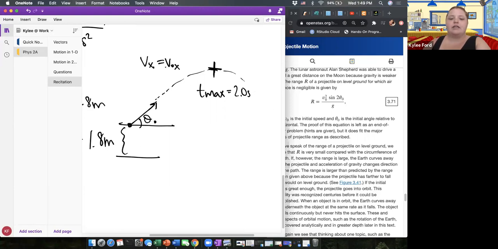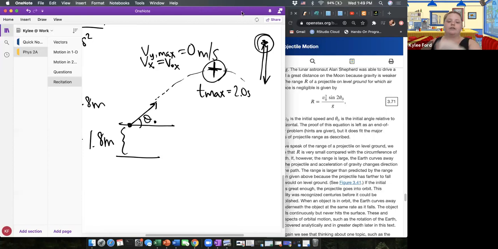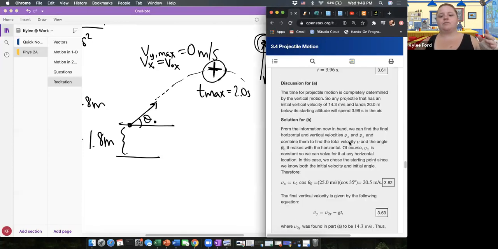We also know that my velocity in the y direction at maximum is 0. That's given because that's in free fall. When we throw something up, it stops, turns around, and comes right back down. So we need to know this information in order to solve the problem.